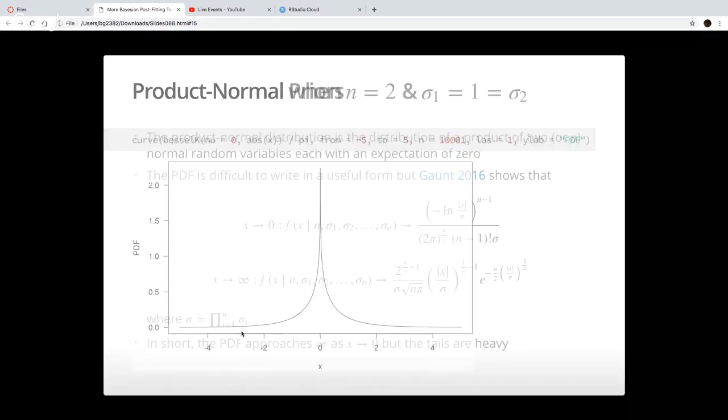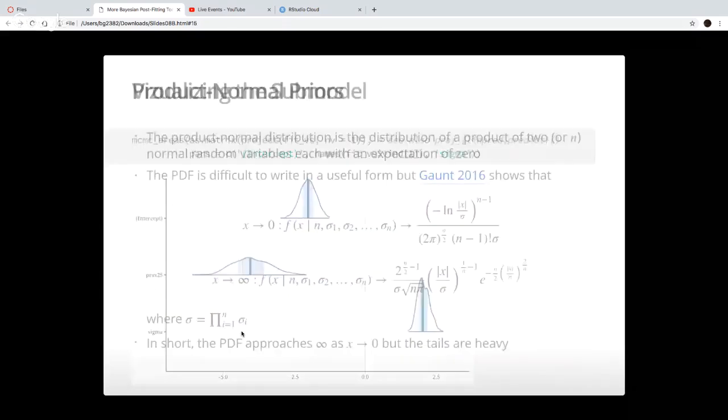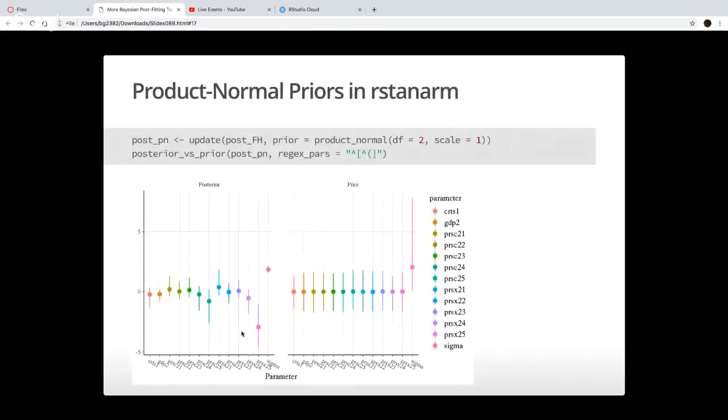Whereas Laplace and some other priors like this don't have the property that it becomes negligible in the limit. And so that's one of the reasons to prefer product normal or the horseshoe, whatever.